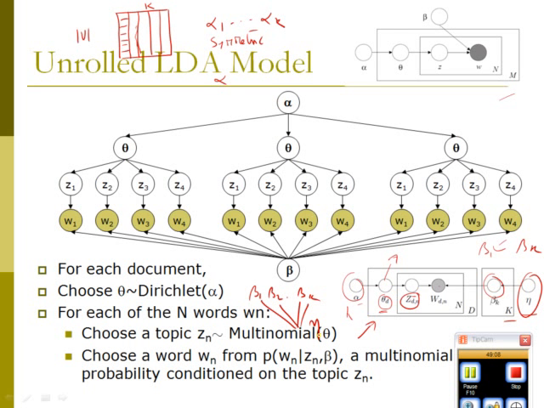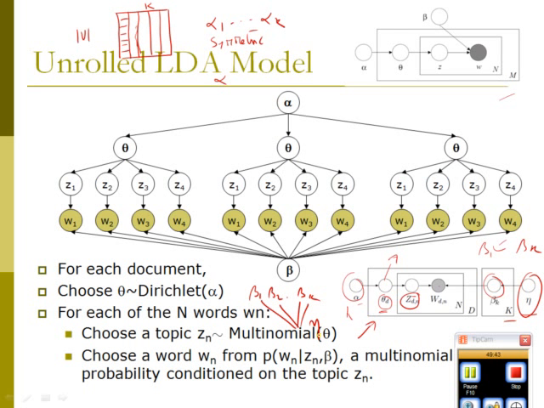Okay, so this is the unrolled version of the picture, this is the plate version, and this is the way you write the generative process. For each document, choose a topic mixture from the Dirichlet, whose parameter is alpha. Then for each of the n words, W1 to Wn, first you choose a topic for the word from the theta that you chose here, so the multinomial over theta.